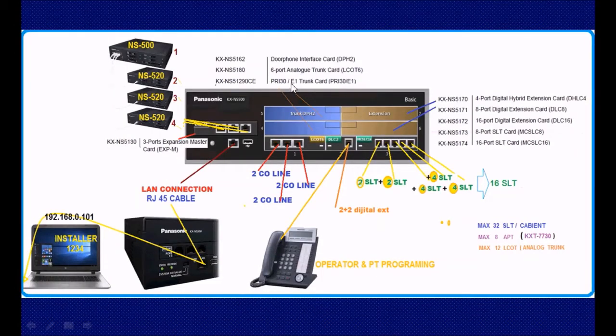As a summary of what we said before, we have collected all this information in this figure, and we concentrate on these maximum capacities which we cannot exceed for this main unit: 32 single line telephones maximum, maximum 8 analog proprietary telephones and maximum 12 analog trunk lines.